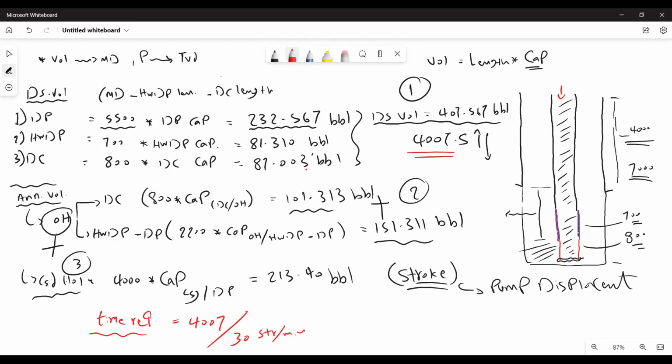So now our volume is in strokes, now we can calculate the time. Let's calculate. So it will be, for example, 4007 over 30, it will be 133.56 minutes. So the time required to pump from surface to bit to pump this volume is 133.56 minutes. Clear, guys? Is it clear, guys?